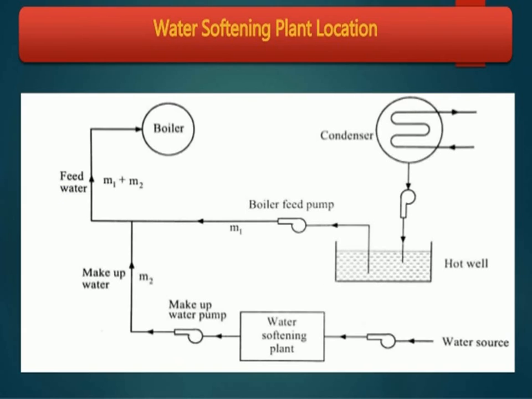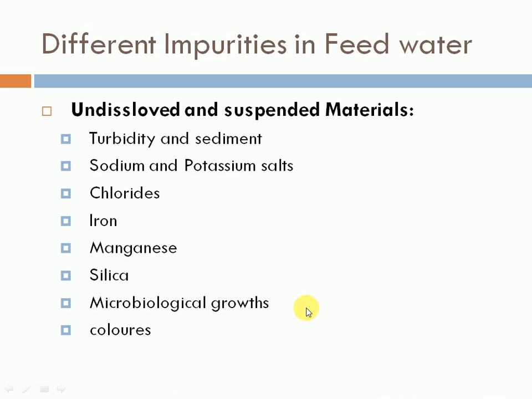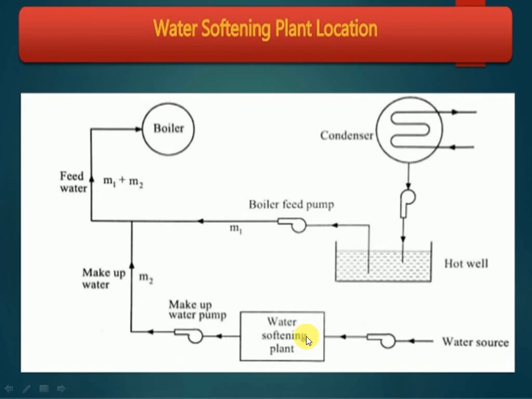Now you can see the water softening plant location. So where is the location of this water softening plant? If we are collecting the water from a water source like wells, rivers, ponds, etc., then definitely after that pump we have to set the water softening plant over here, and then we can send this purified water to the boiler with the use of the makeup water plant or feed water plant.